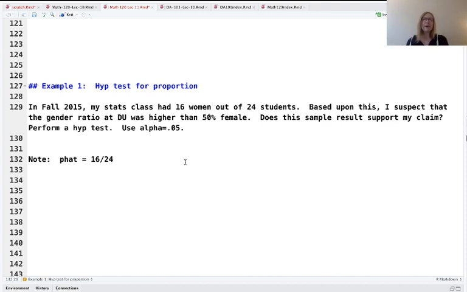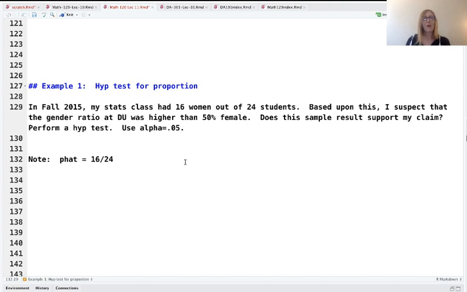And let's say, based on this sample result, I suspect that the gender ratio at Denison is greater than 50% female. At the time, and still now, that was true, by the way. That semester was particularly dramatic. That semester, the gender ratio was 57% female. It's changed. But it really was the case.